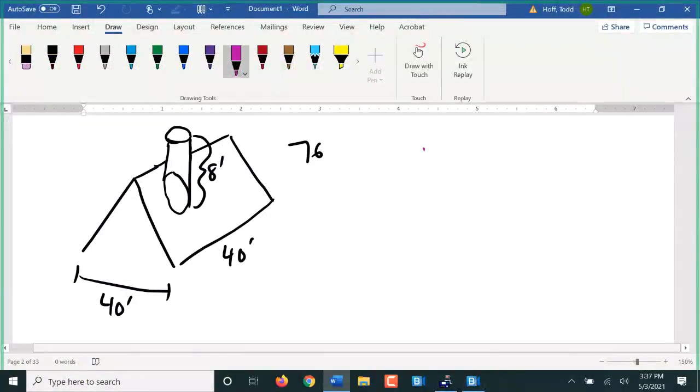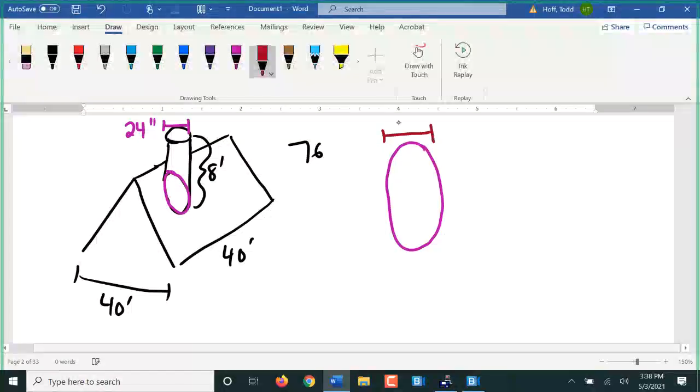First thing I want to find is this oval that the chimney cuts out of the house. The diameter of the chimney is given as 24 inches. So looking at this, I want two dimensions. I want one dimension, B, across here.